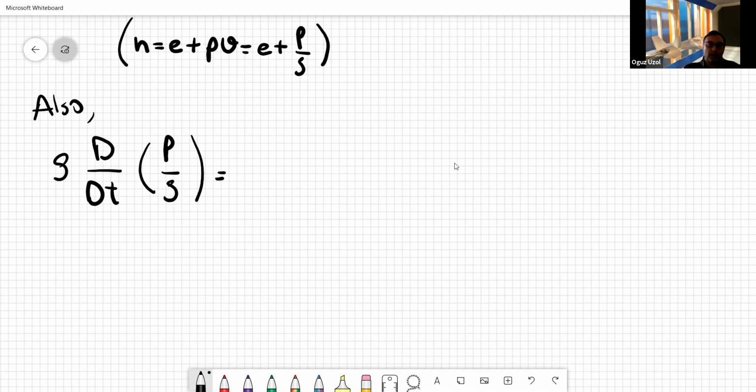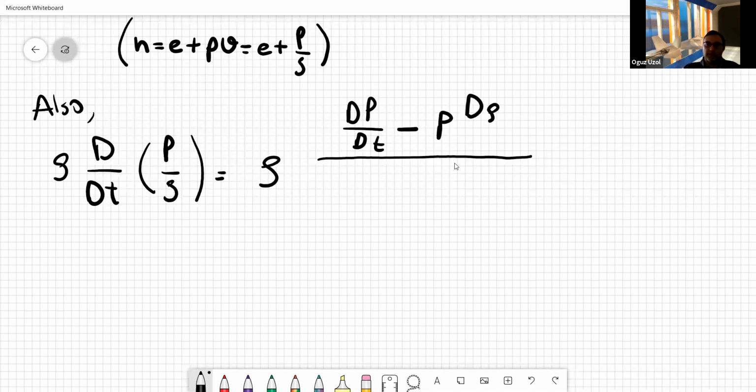Just using simple calculus, this can be written in this way: rho times, for example, dp/dt minus p times d rho/dt divided by rho squared, if I open up this derivative term.